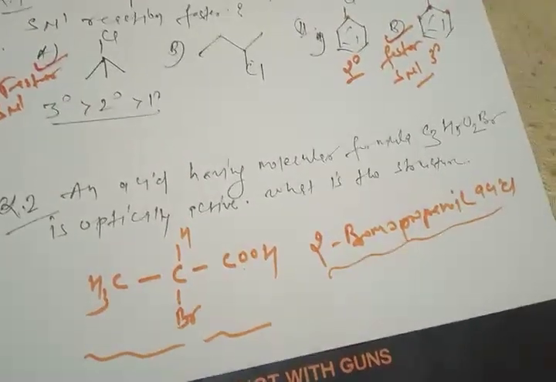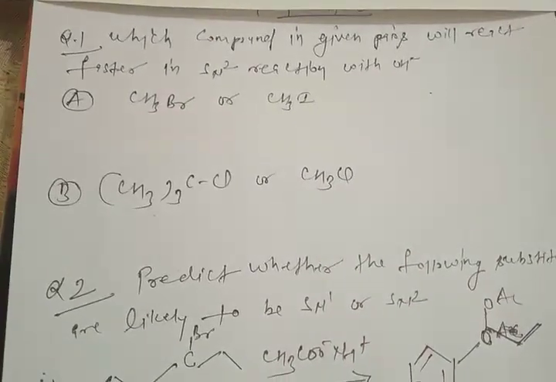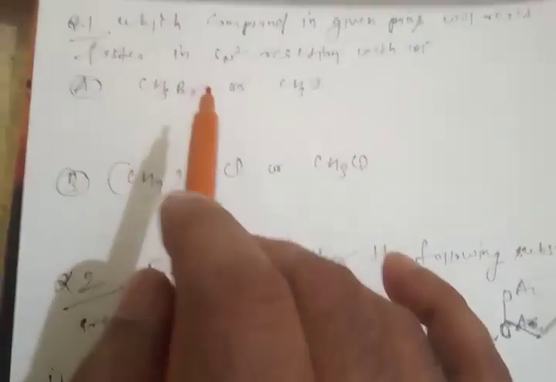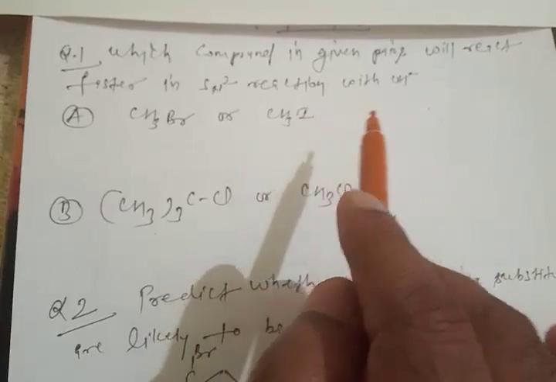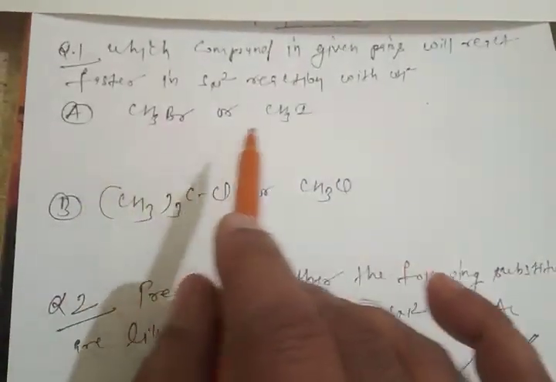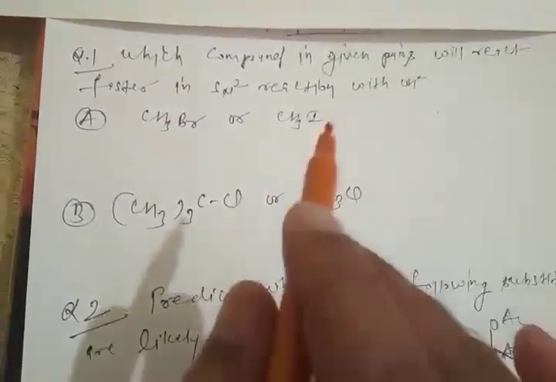Thank you so much. These are the questions which I asked you in lecture number three. Let's start the discussion. Which compound in a given pair will react faster in an SN2 reaction? We had already discussed this in detail.